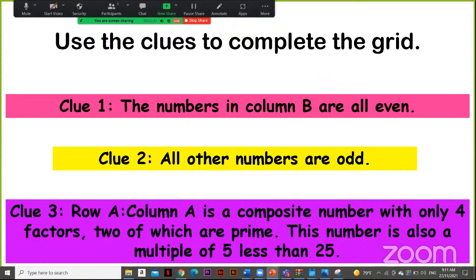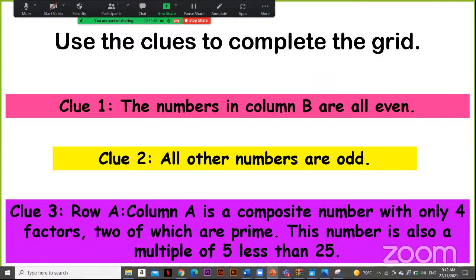Gaming with Nate says prime numbers have only two factors. So yes, prime numbers have only two factors. So we talk about composite, we talk about even, odd, we talk about prime numbers, and we have established what all these are.